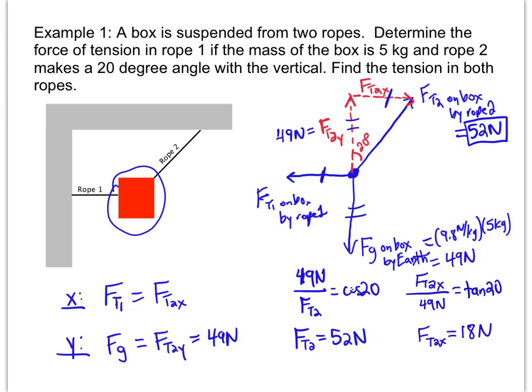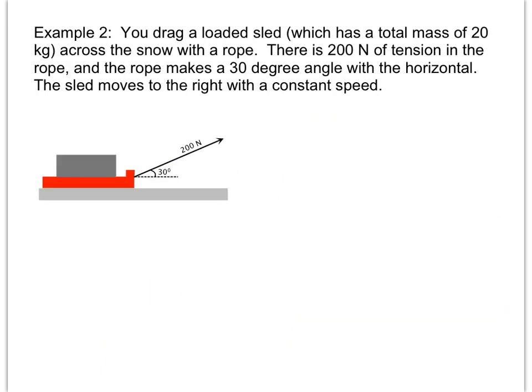So this is 18 newtons, and if Ft2x is 18 newtons, so is Ft1, 18 newtons. Okay, so there we go. Problem completely solved.